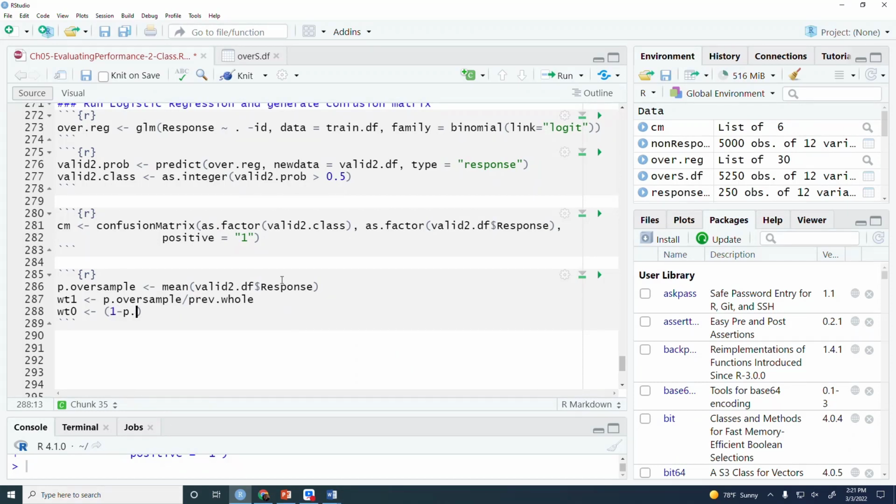1 minus P of oversample, divided by 1 minus prevalence.whole. So what happened here?